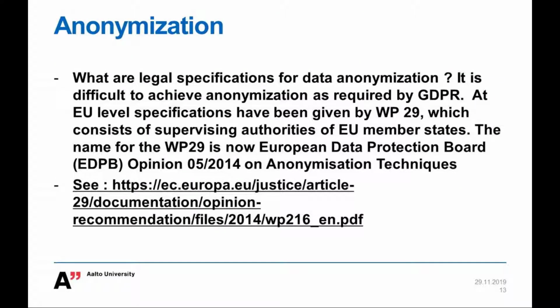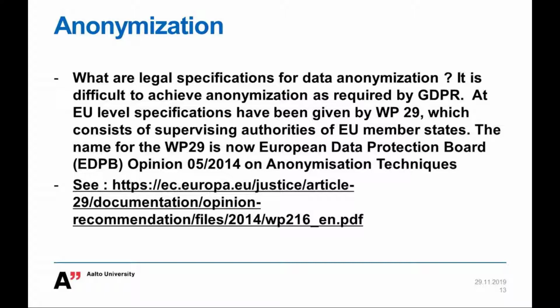Anonymization is another difficult objective to achieve. There are also guidelines on how to use anonymization techniques from Working Party 29, which also gave that guidance on automated decision making. Working Party 29 consists of supervising authorities of EU member states.